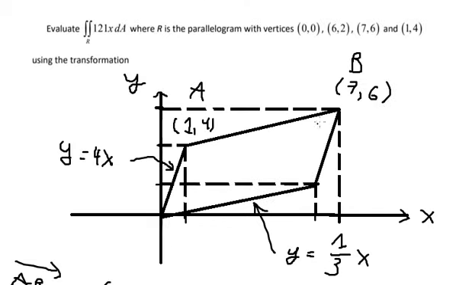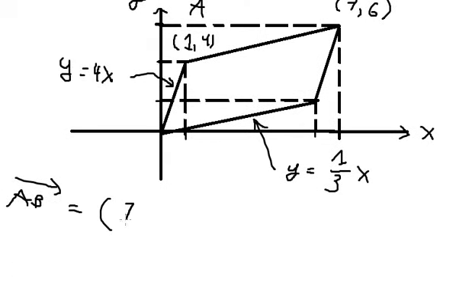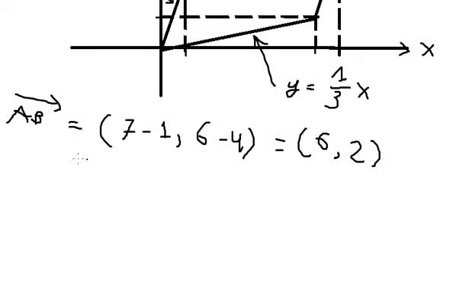That's equal to 7 minus 1, 6 minus 4. So we have 6, 2. Now the normal vector of AB will be negative 2, 6.